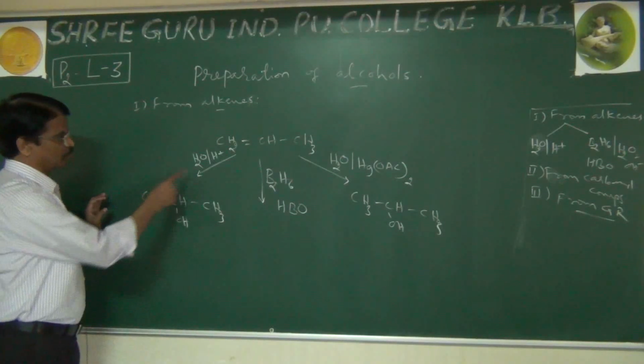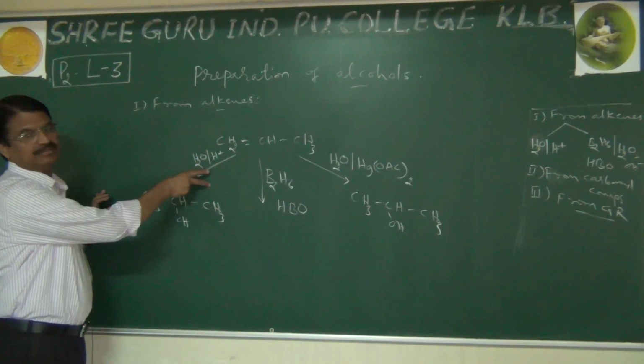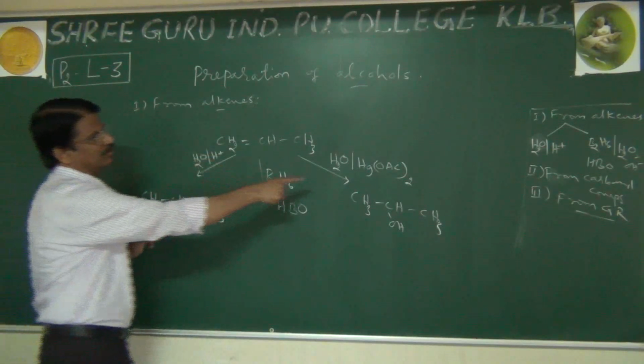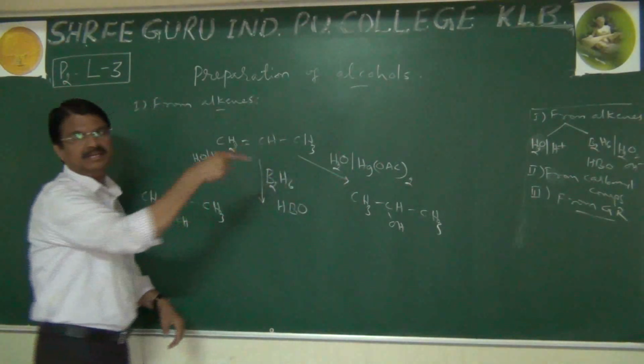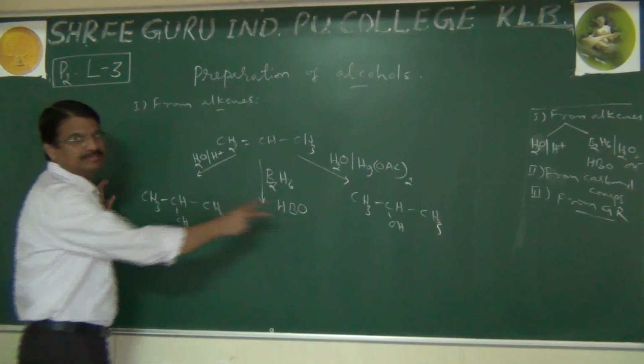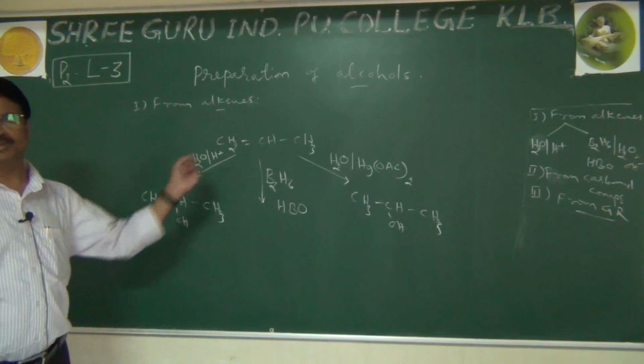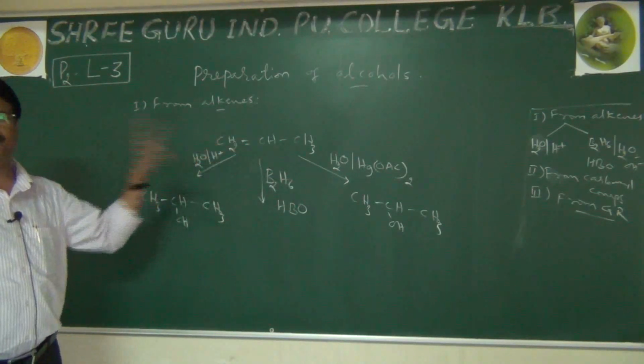Yes, in both cases, acid catalyzed hydration of alkene or oxymercuration, demercuration of alkene, they can give the same product, and the addition follows Markovnikov's rule.